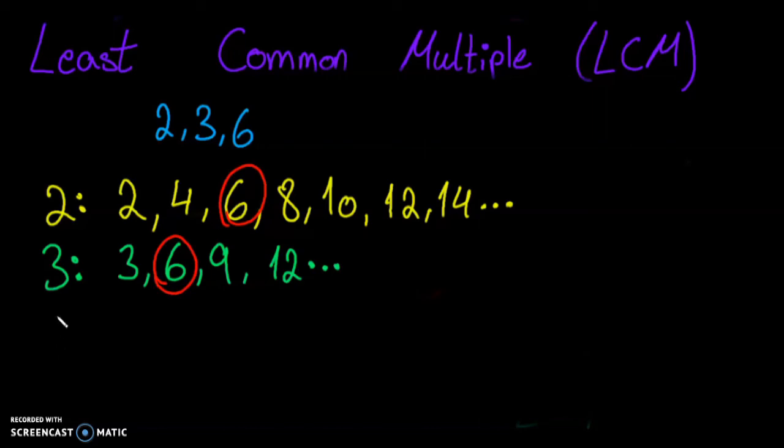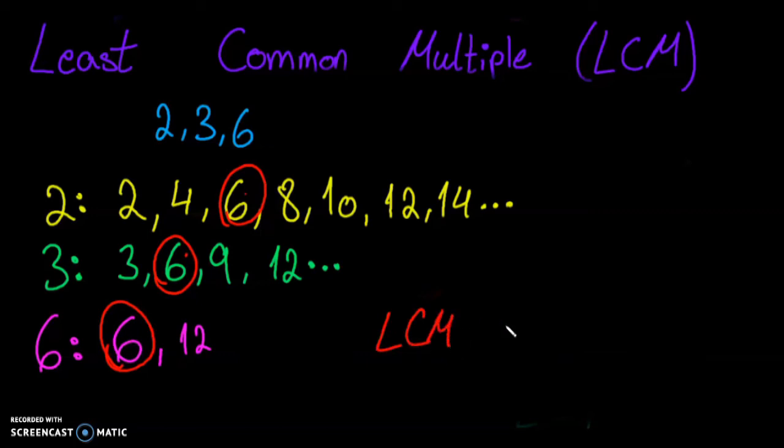Now for the third number, 6. 6 times 1 is 6. 6 times 2 is 12. We don't have to continue. We found 6 here, and a 6 here. So the LCM of 2, 3, and 6 is just 6.